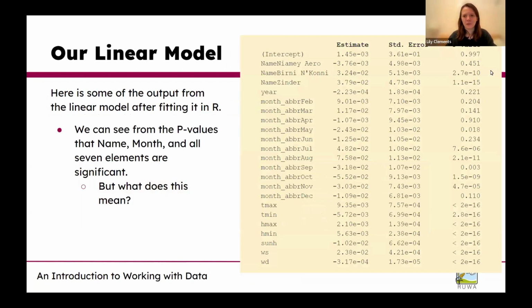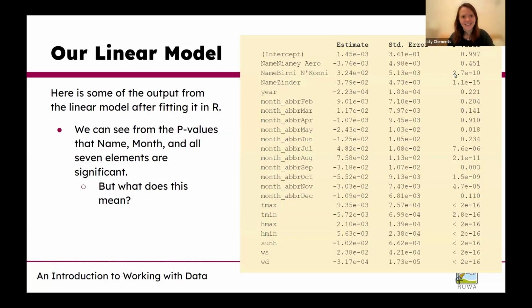Then as we move to the other stations, we see that there is a significant difference in the number of rainy days between Agadez and Burundi Nokoni, and Agadez and Zinda. We see that for year, there is not a significant year effect.